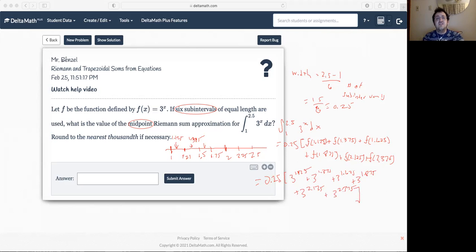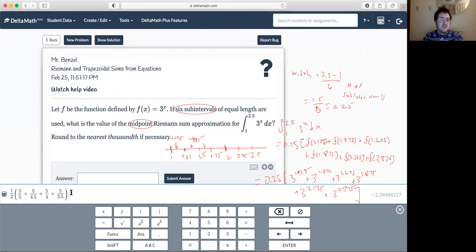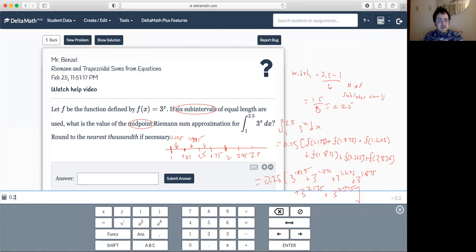So we're just going to use the handy dandy calculator and let it actually compute the Riemann sum. So let's see, our width is 0.25. And we're going to do 3, and if you want the exponent, you just do the A to the B button.